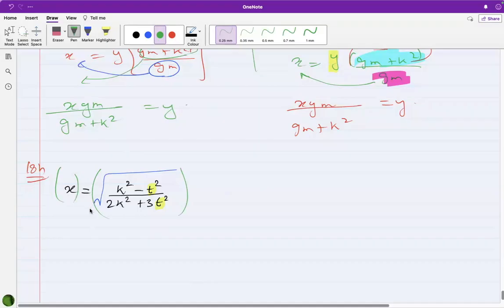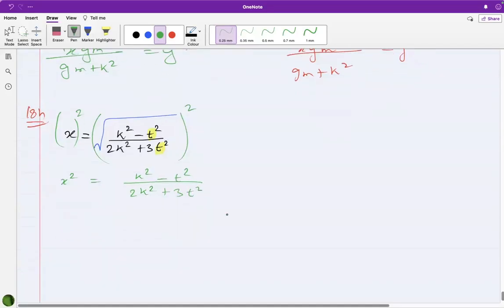Okay, 18H, there's nothing we can do other than taking square for the first step. To get rid of this square root, this is x square is equal to k square minus t square. I'm just copying everything. Done.